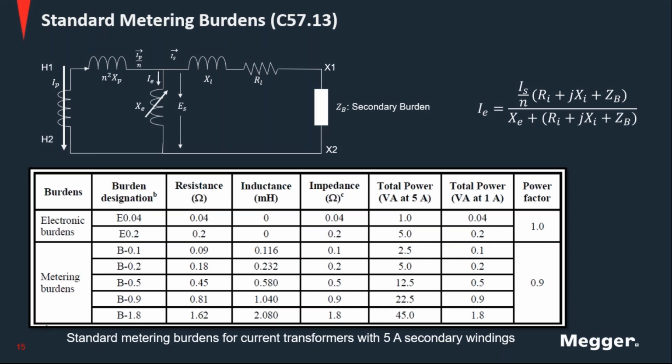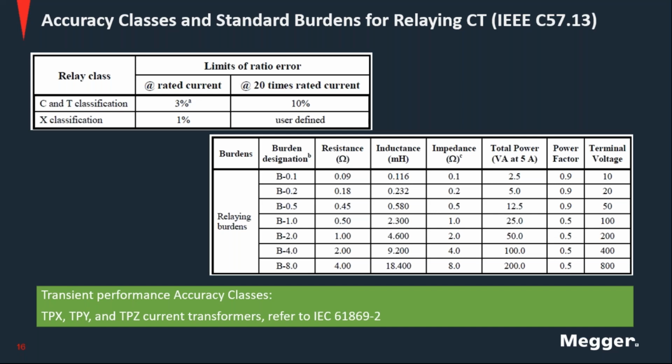And we can see that this burden definitely affects the excitation or the performance of the instrument transformer. We can see that the excitation current is dependent on the burden connected to its terminals. So it is very important to measure it and use it for the assessment.